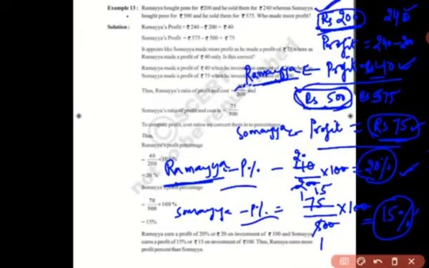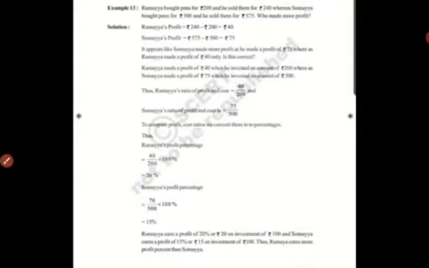So obviously Ramaya has gained more profit. I hope this example has given you a clear idea of the need for taking the percentages of profit or loss. It's good to compare them, okay. All right, let's move on to the next problem.